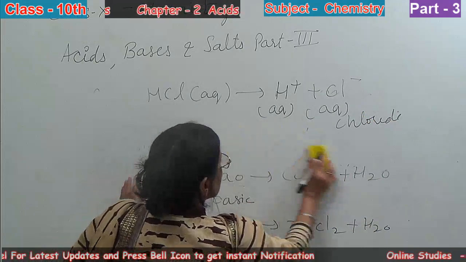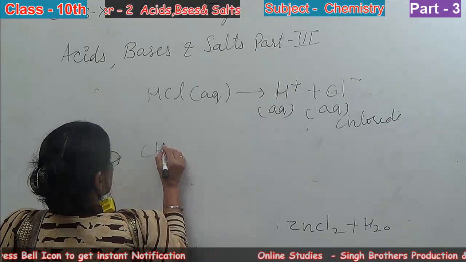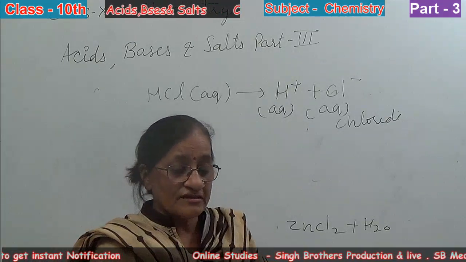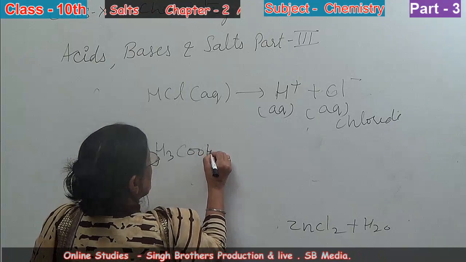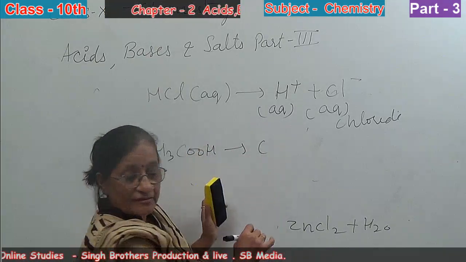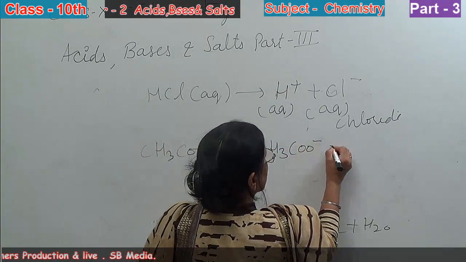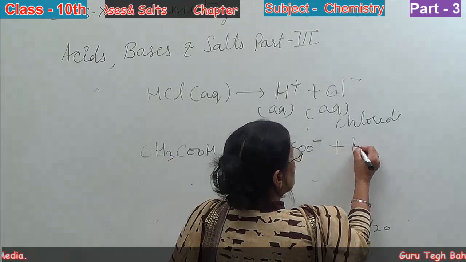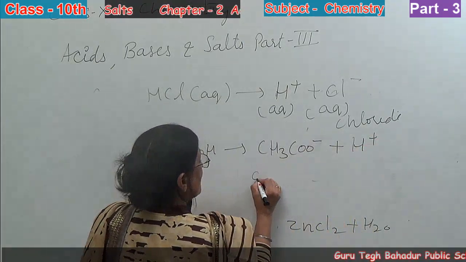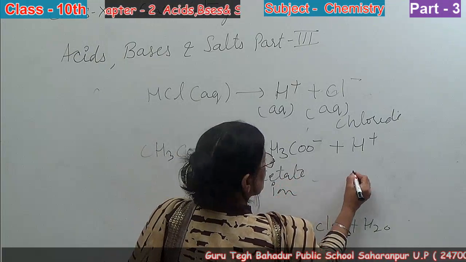And in case of acetic acid, CH3COOH, it also breaks like that, into CH3COO negative and H positive, meaning acetate ion and hydrogen ion.